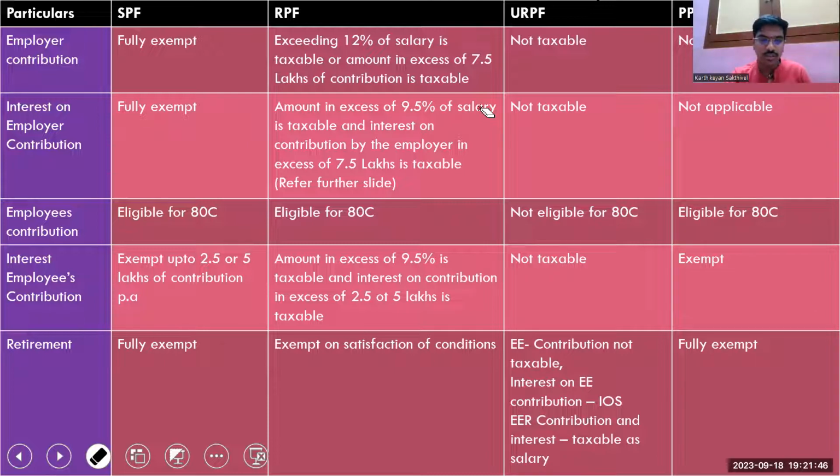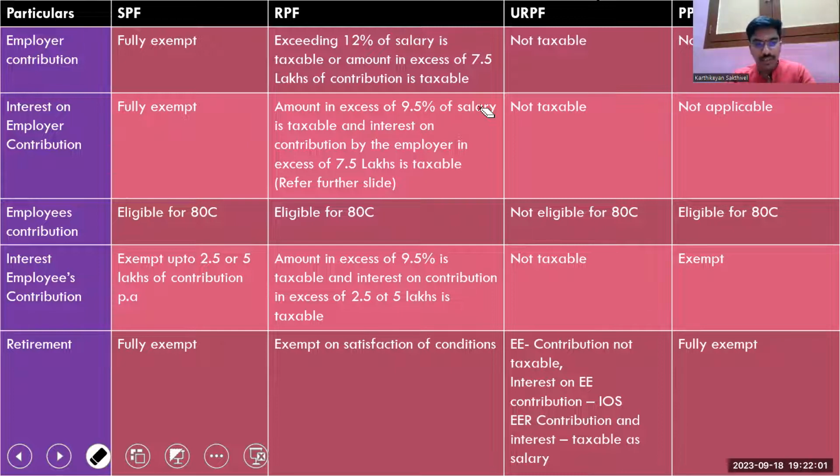Okay. So now we'll come back to our discussion on recognized provident fund. As far as recognized provident fund is concerned, we have already seen that any amount exceeding 12% of salary is taxable. The second part is pending. Interest on employee's contribution, the second part is pending.